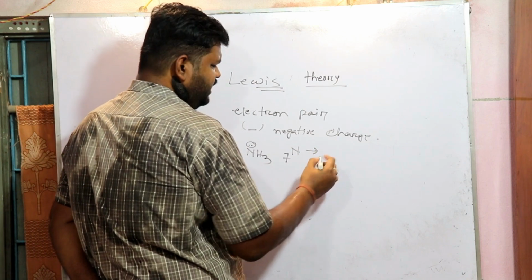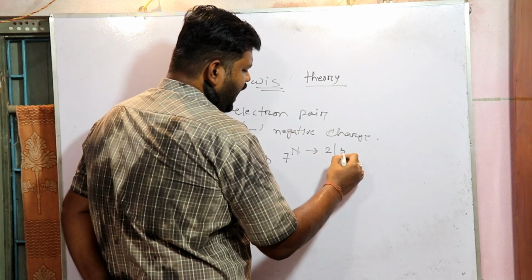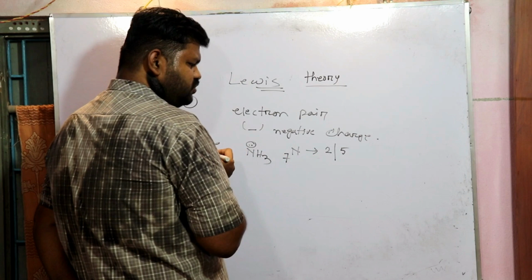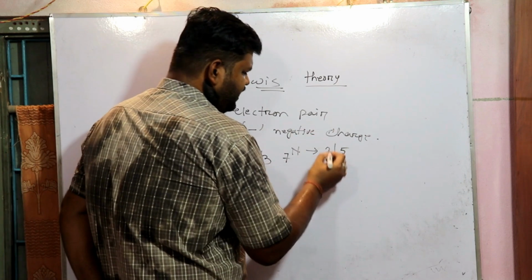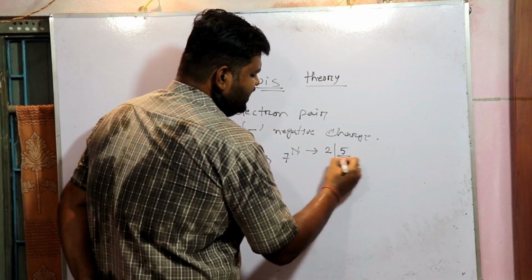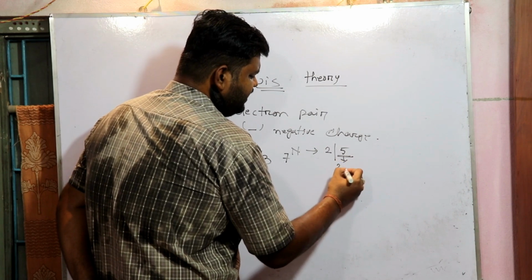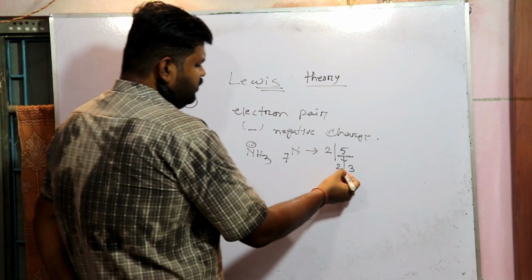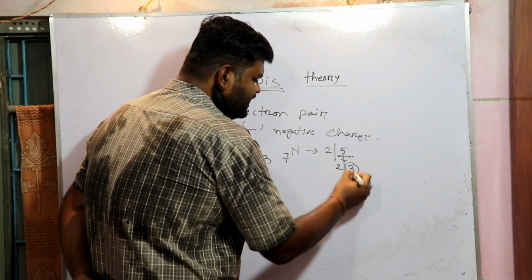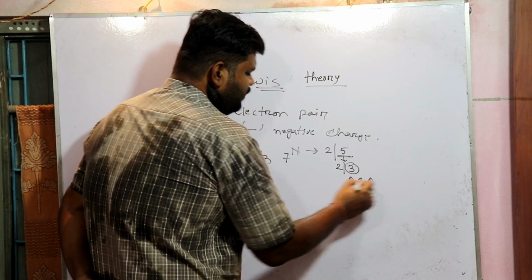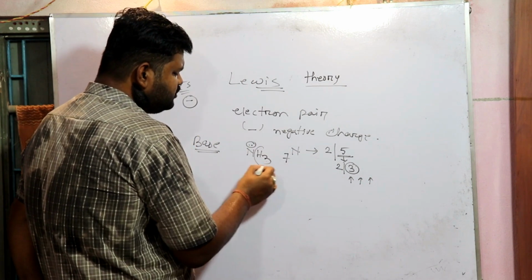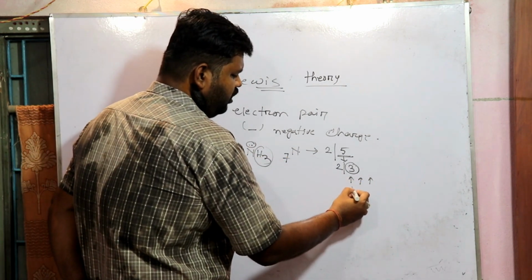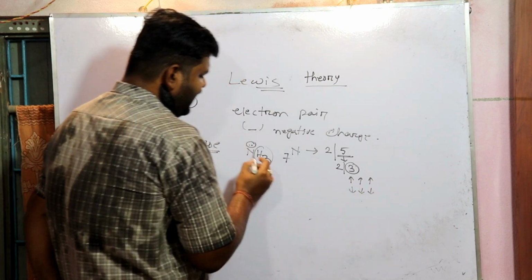Nitrogen's electronic configuration is 2 and 5, because there are 7 electrons. So you can easily understand that these 5 electrons are again divided into 2 and 3. In class 9 we have studied it. These 3 single electrons will combine with 3 hydrogen single electrons, and it will make NH3.